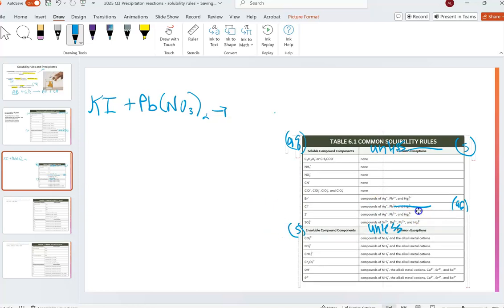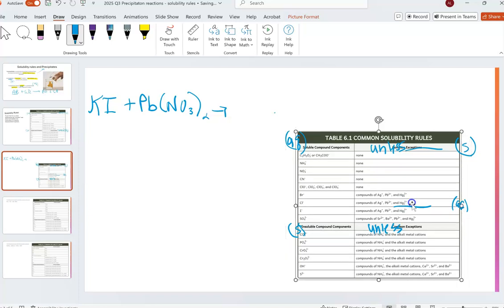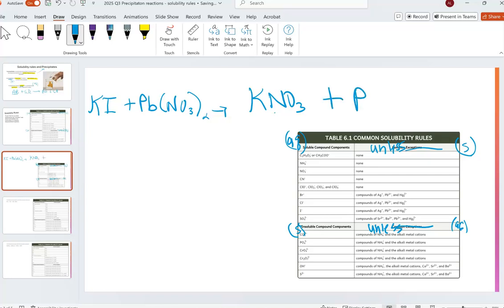This is making it too hard for me to read, but we'll give it a try. As aqueous. Okay, so here's my reaction. Potassium iodide plus lead 2 nitrate yields potassium nitrate plus lead 2 iodide. Okay, we probably want to balance it just to make sure we're doing everything properly.